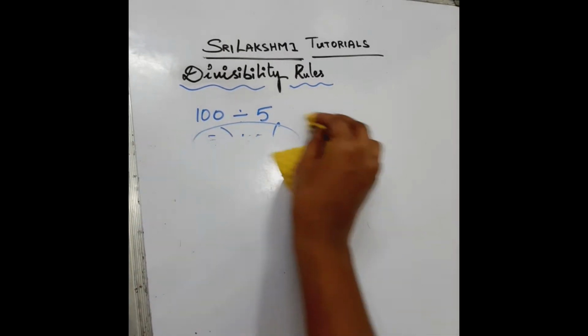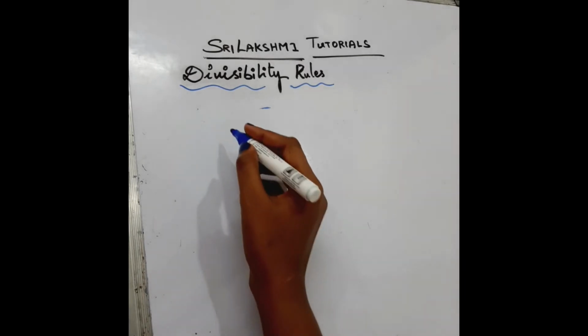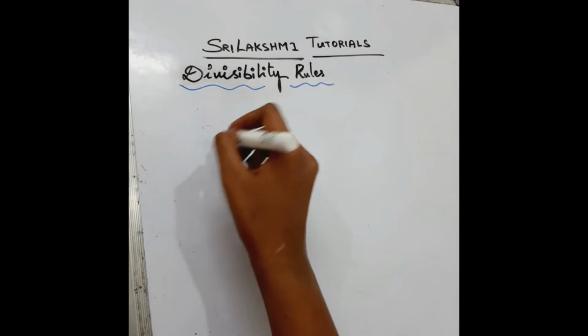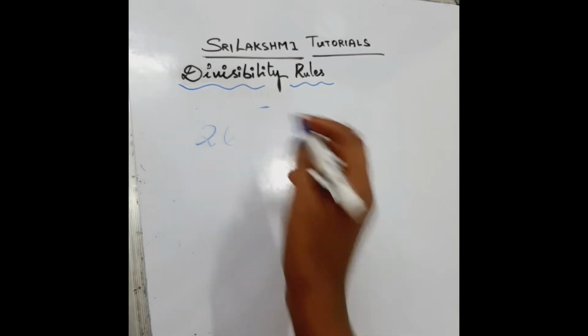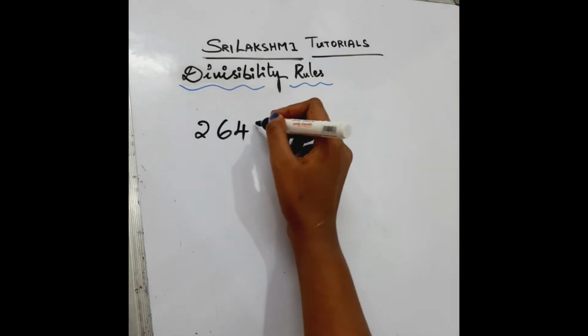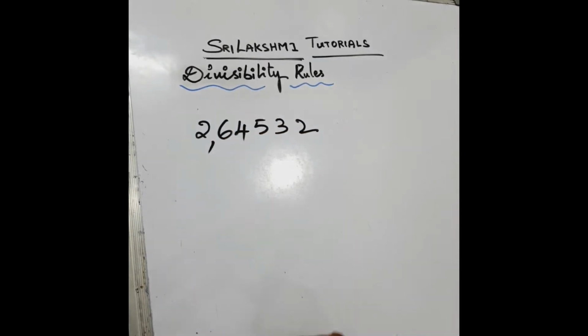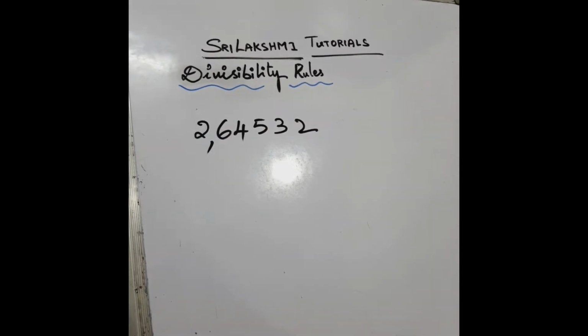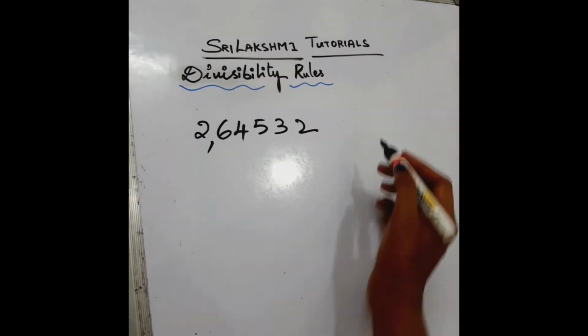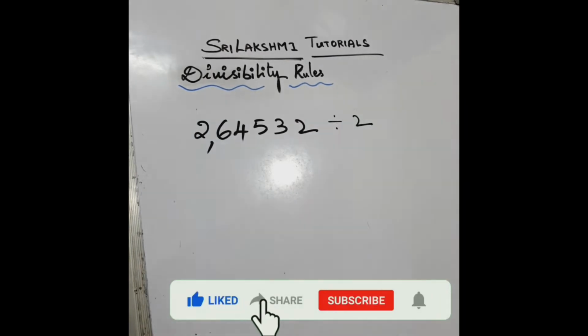Suppose Mama says to calculate the given number 264532 by dividing it by 2. So what will you usually do?